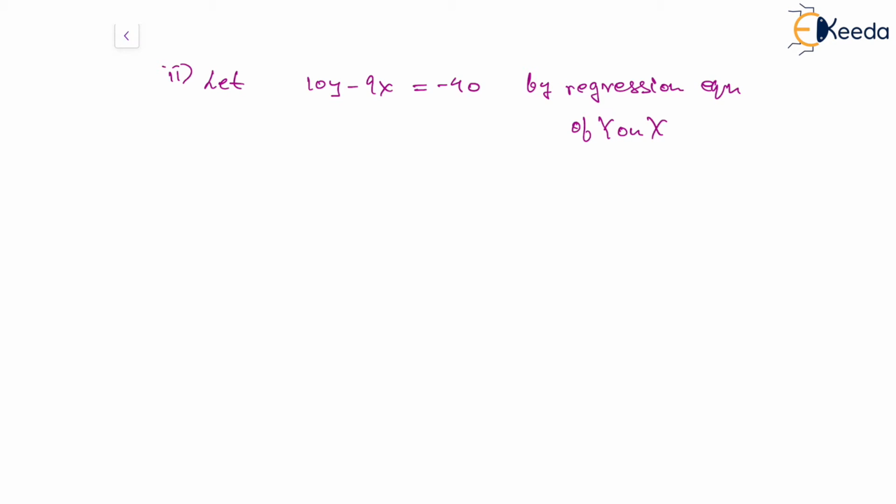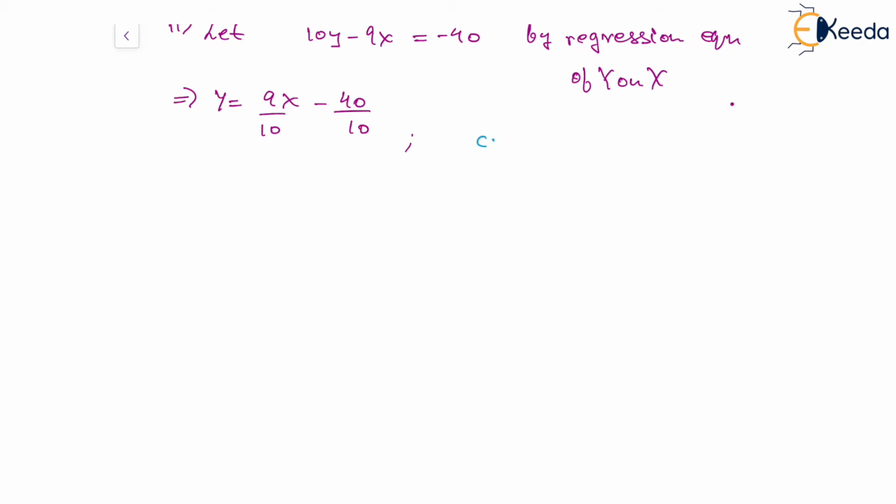In that case, we may rewrite this as y equal to 9x over 10 minus 40 over 10. Comparing this with the standard equation y equal to byx times x plus a, we may say that the regression coefficient of y on x, byx, will be equal to 9 over 10, which is simply 0.9.